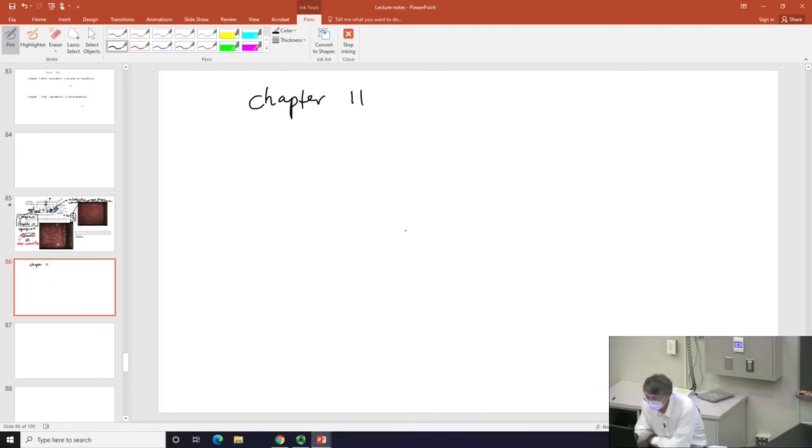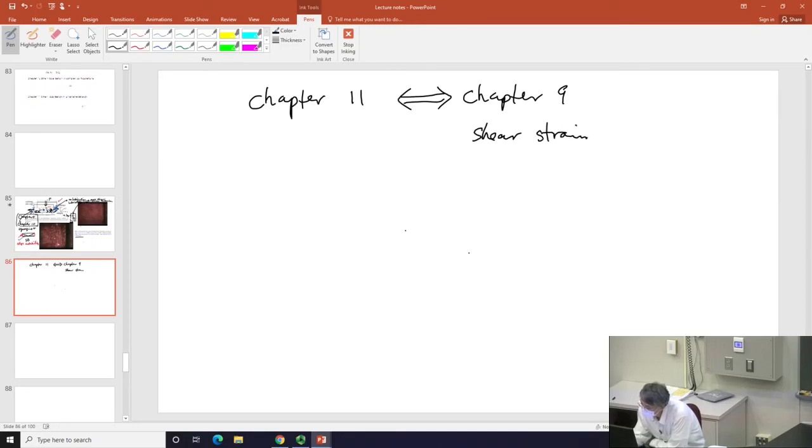And this should remind you that it is the parallel to chapter 9. In chapter 9, we dealt with shear strain localization. That's a fancy word for shear banding. And we saw plenty of it through the so-called particle tracking velocimetry.